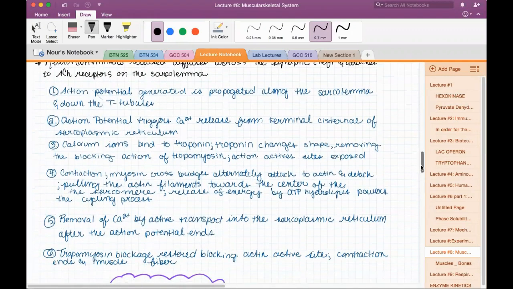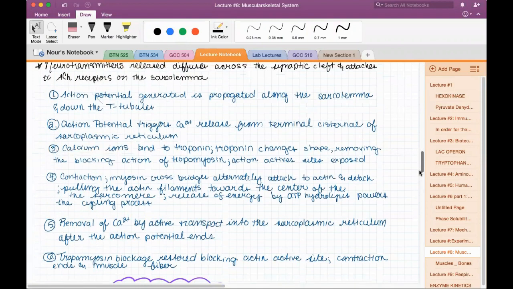During contraction, the Z lines get closer and closer to the A zone. The A zone stays the same. The I zone and the H zone get smaller. During contraction, myosin cross bridges alternately attach to actin and detach. The myosin pulls the actin filaments towards the center, basically squeezing it forward. That's why the I zone and the H zone get smaller and smaller as contraction occurs.